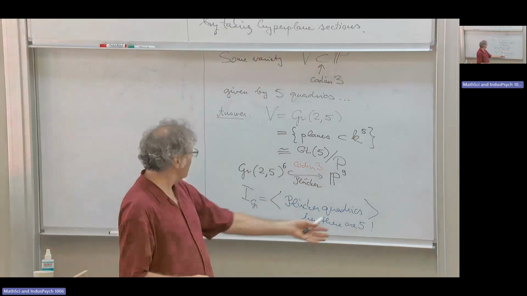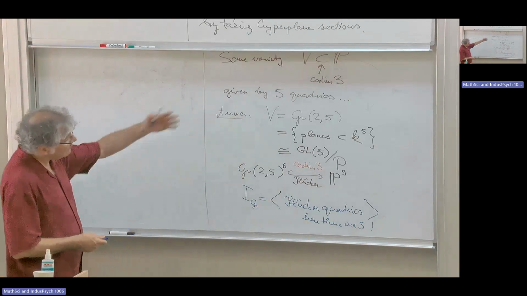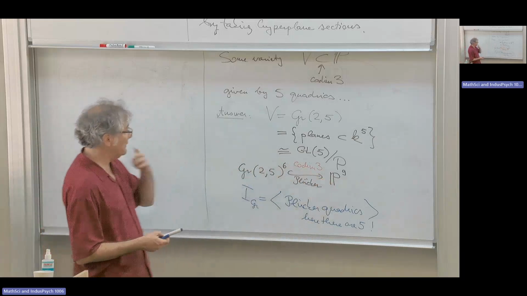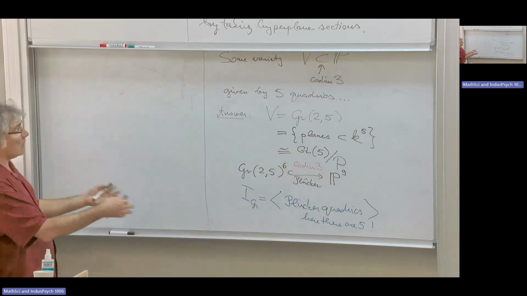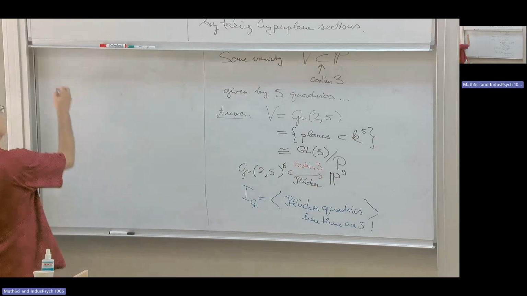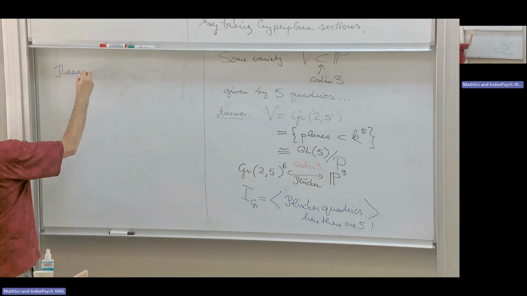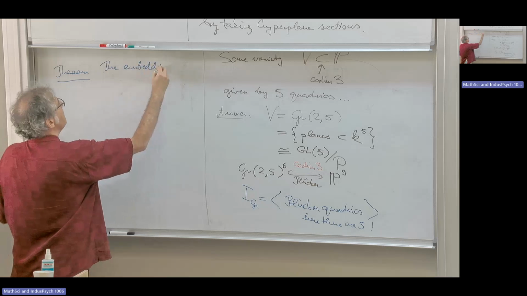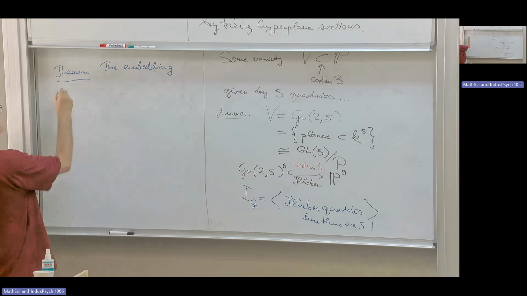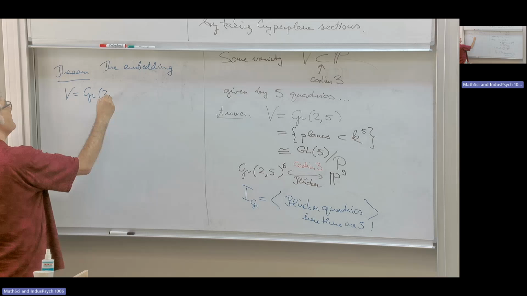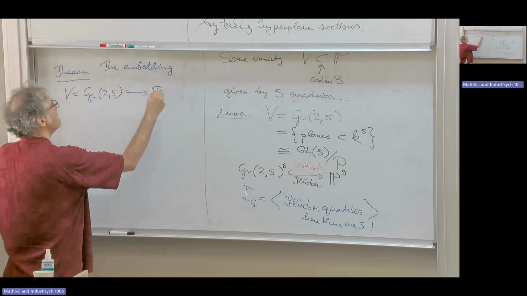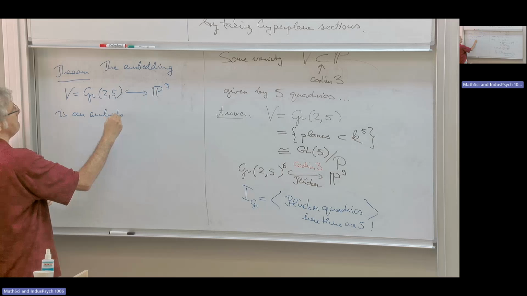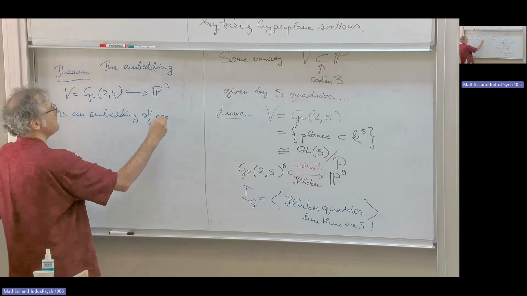So once again, what happens here? There's some special variety. This embeds into P9, and it's got the right resolution structure. So, okay, let me write it as a theorem. The embedding of V equals Gr(2,5) into P9 is an embedding of codimension 3.